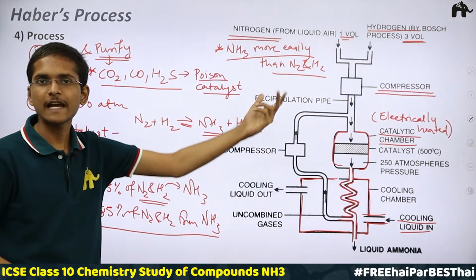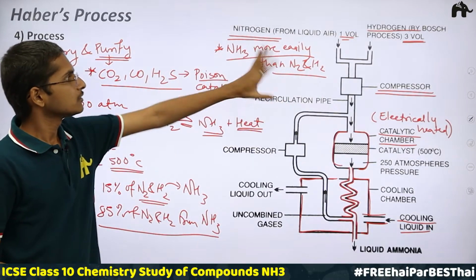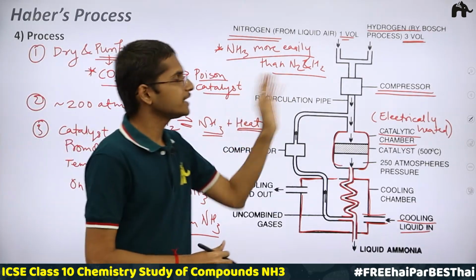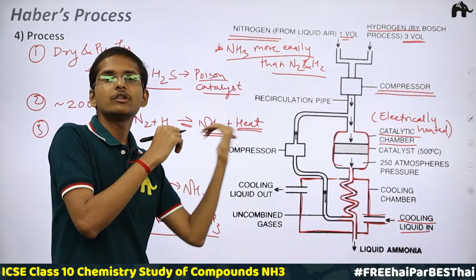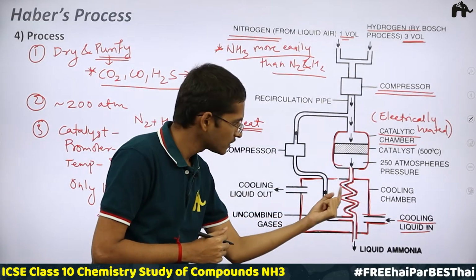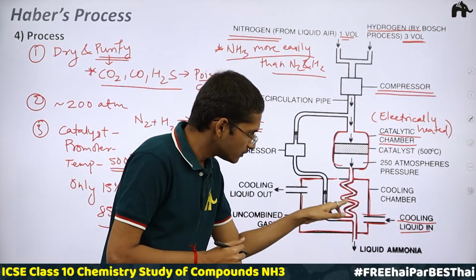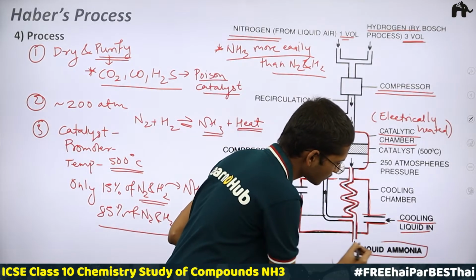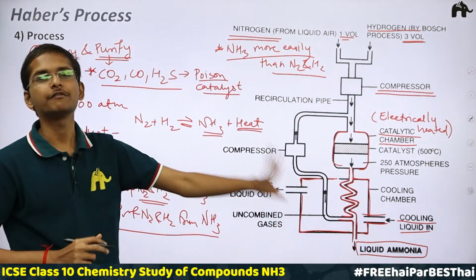Then N2 and H2 would remain in the gaseous phase only. So at some lower temperature, ammonia gets liquefied, leaving the N2 and H2 in the gaseous state itself. These N2 and H2 are there in the cooling pipes, and the liquefied ammonia we remove here, right? So we got our liquefied ammonia.